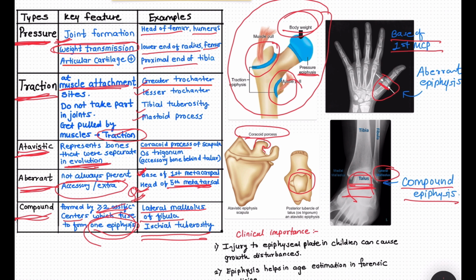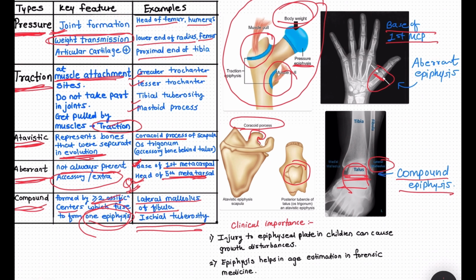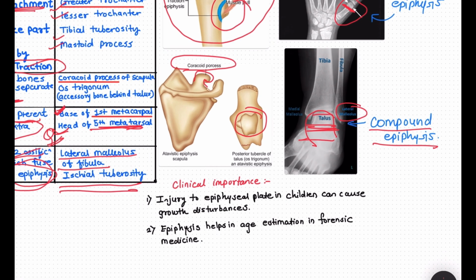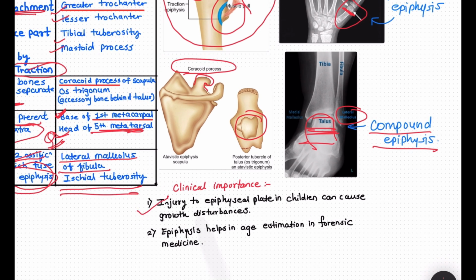So these are mainly five types of epiphysis which are important for your exams. Then for clinical importance, if there is injury to the epiphyseal plate in children, it can cause growth disturbance, because the epiphyseal plate has ossification centers which are present after birth, and if they are damaged, the growth will be disturbed.